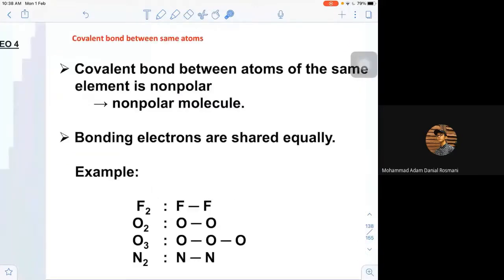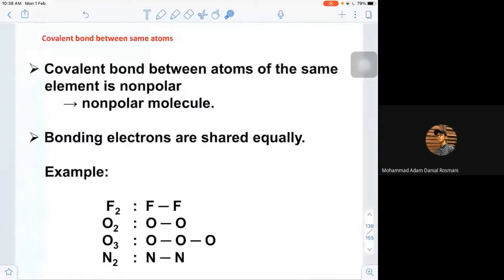So if we have a covalent bond that is made between the same atom, for example fluorine bonded with fluorine, oxygen bonded with oxygen, nitrogen bonded with nitrogen, all the bonds become non-polar. The bond in the molecule is non-polar.